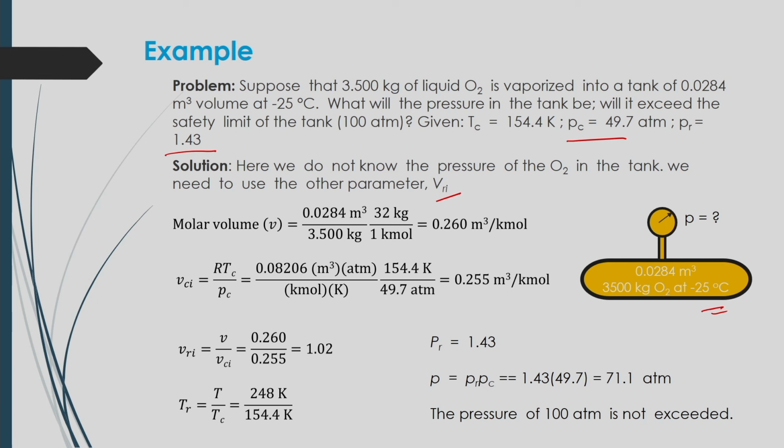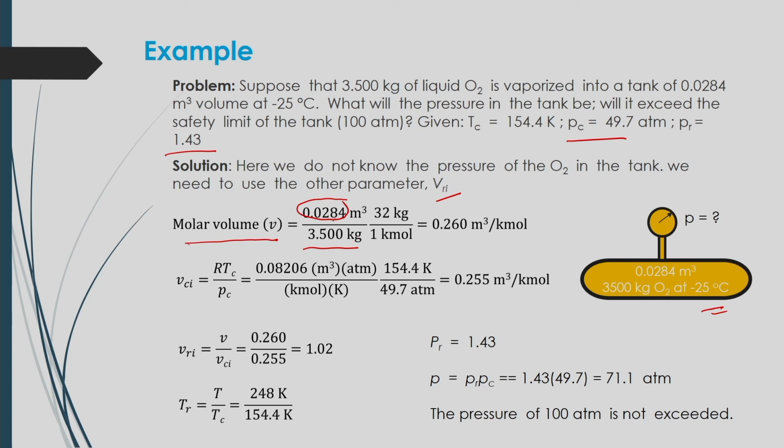So, to calculate that, first of all you have to calculate the molar volume of the gas. The volume of the container is given as 0.0284, and the mass of the gas is given as 3.5 kg.